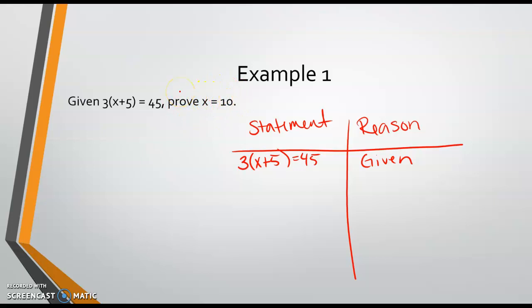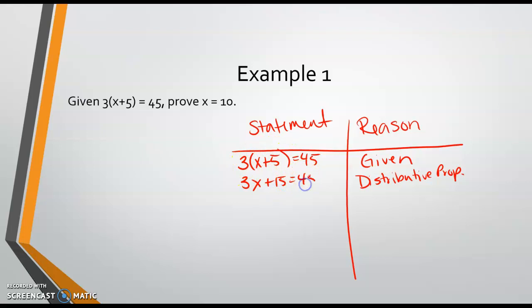But I'm not writing that down yet. I've just got to go through the motion. My first step is to distribute. So my reason is that I'm using the distributive property. And so now I'm going to do 3 times x, which is 3x. 3 times 5 is 15.